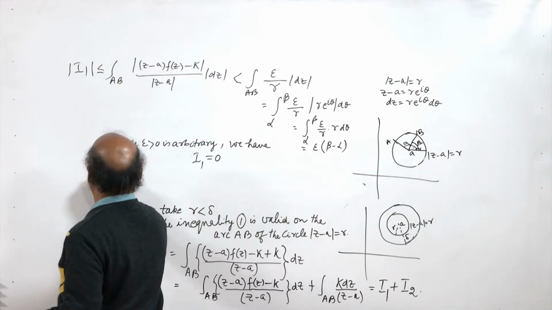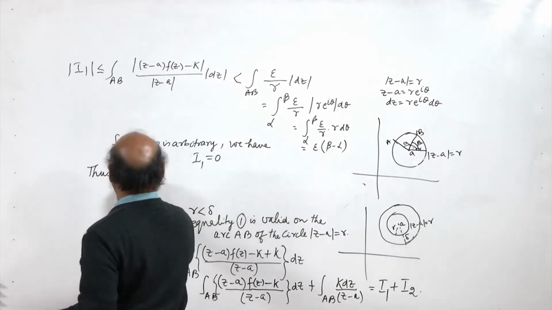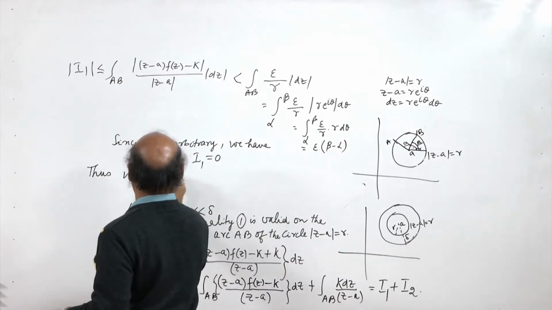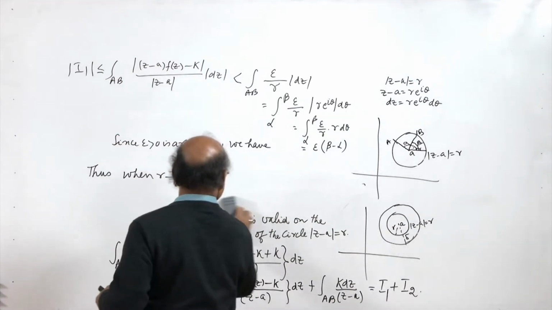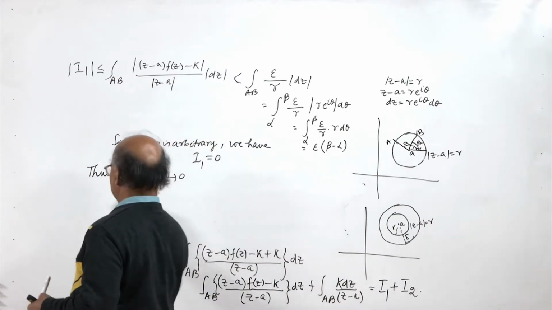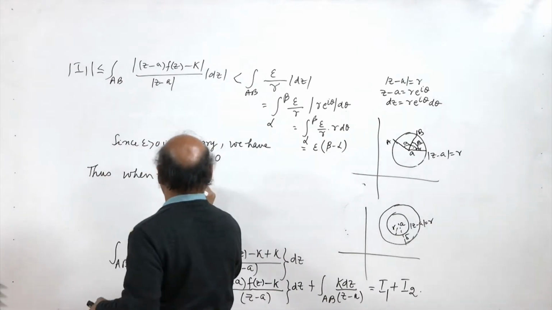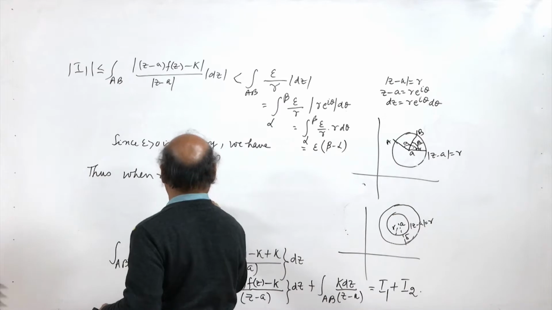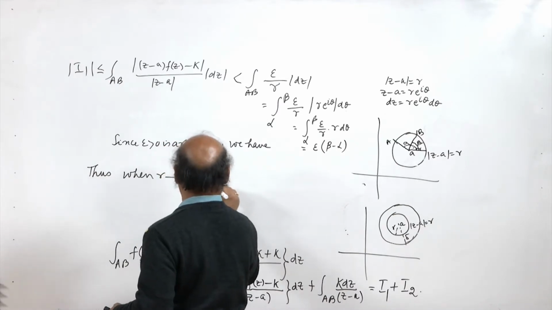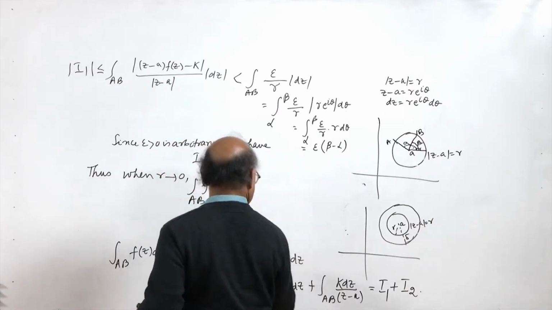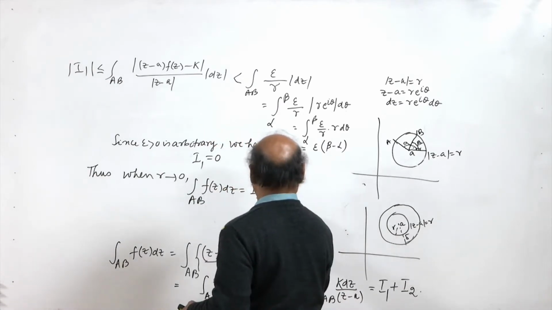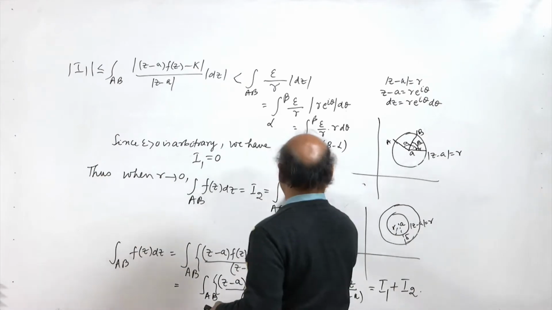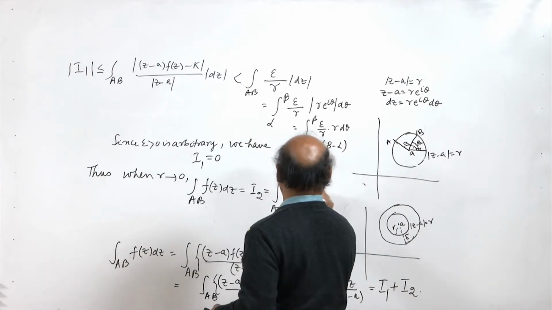So, thus when r goes to 0, the integral over AB of f(z) dz is equal to I2, which is equal to the integral over AB of k times dz upon (z minus a).